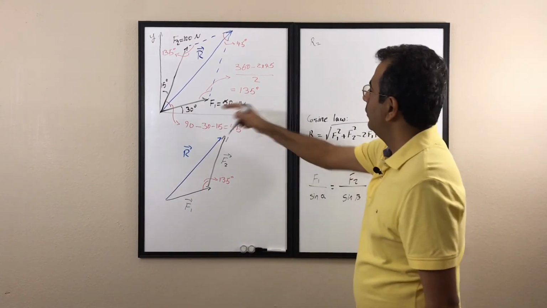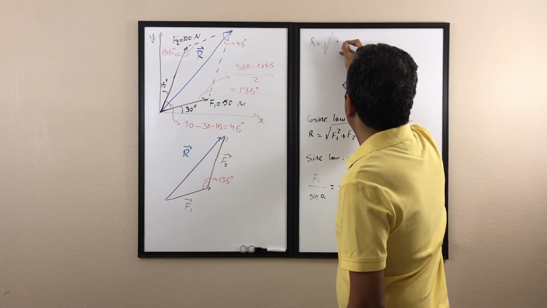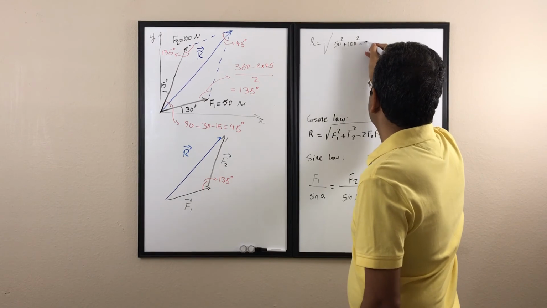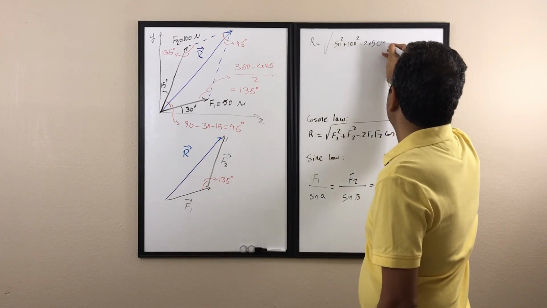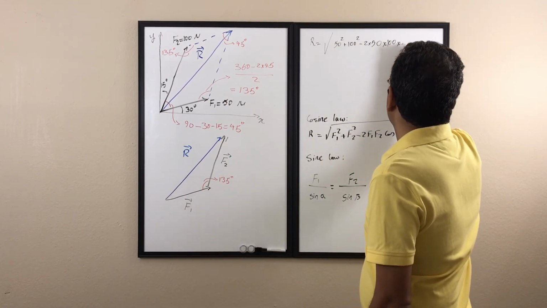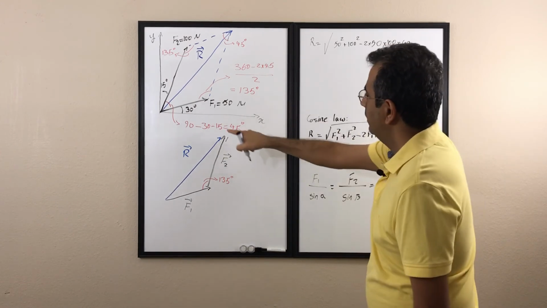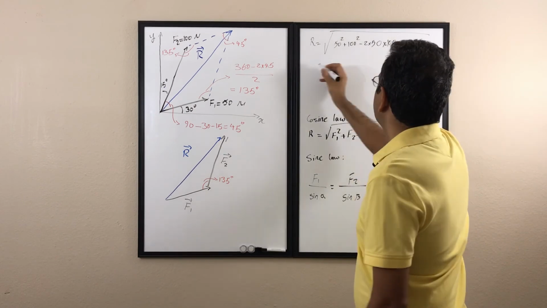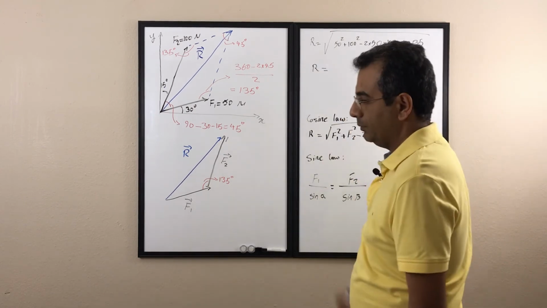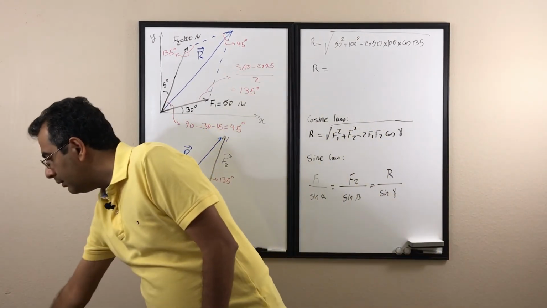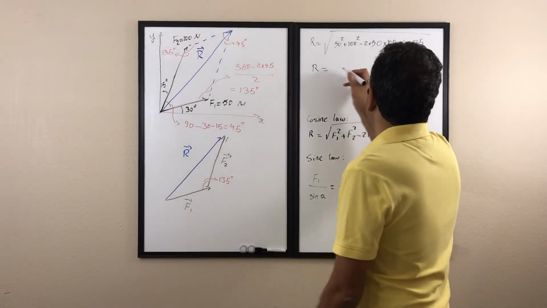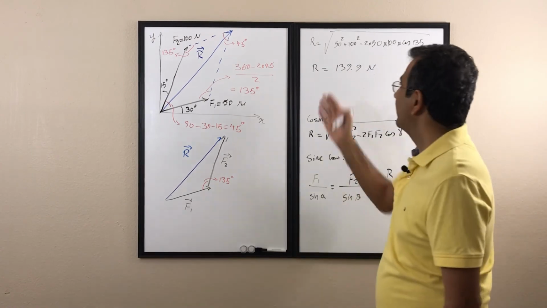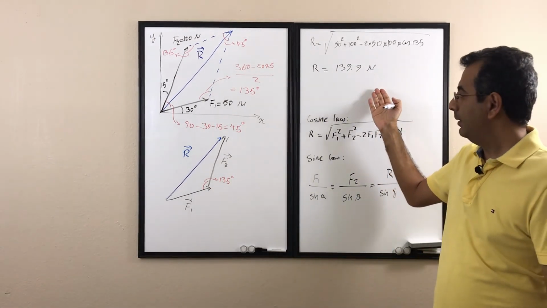So that's 50 square plus 100 square minus 2 times 50 times 100 times cosine 135. So the magnitude of R would be 139.9 Newton. So that's the magnitude of R.